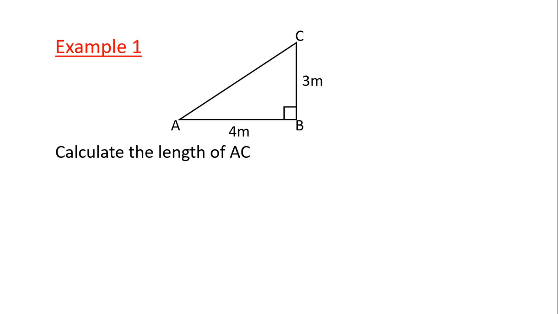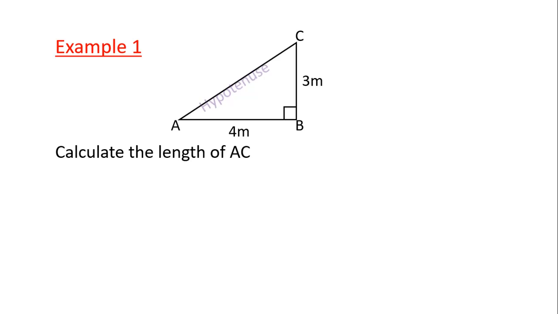Example 1. Calculate the length of AC. So the first thing to do is to see that we have a right angle triangle, and angle B is the 90 degree, so we have to figure out which one is the hypotenuse. Remember, we said the hypotenuse is always the longest side and the side that's opposite the right angle.